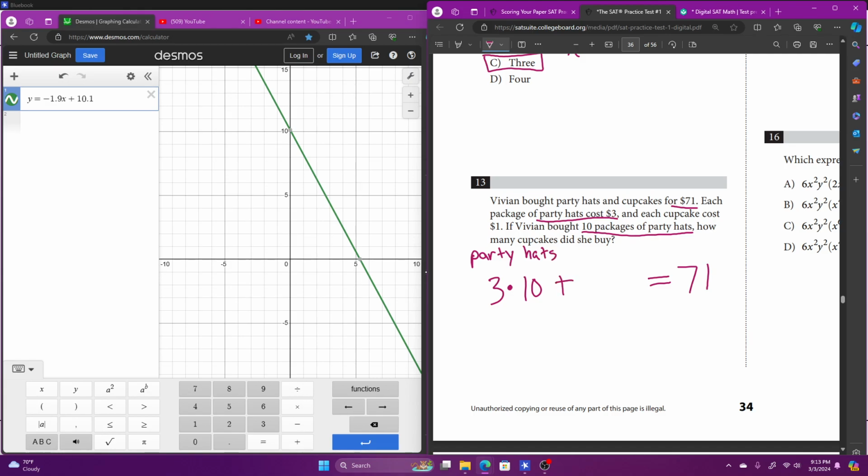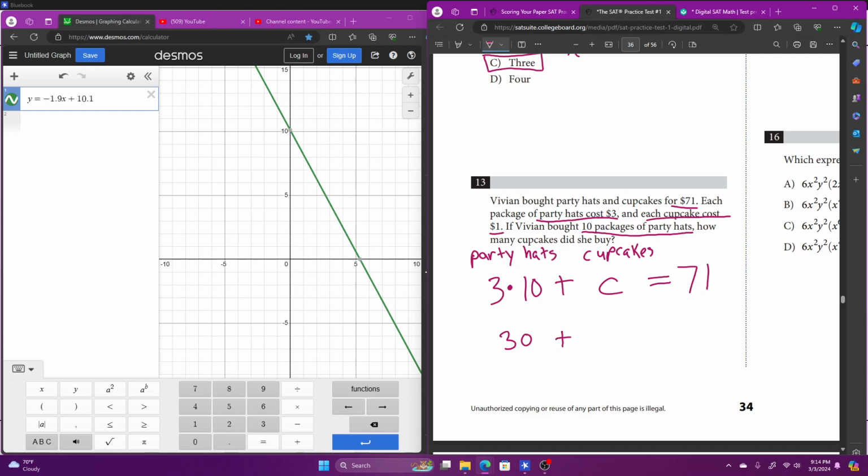Plus, she bought some cupcakes, C, cupcakes. How many cupcakes did she buy? Well, if she bought 10 packages of party hats for $3 each, she spent $30. And she spent $71. Each cupcake costs $1.